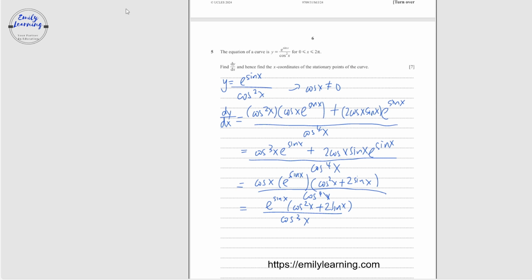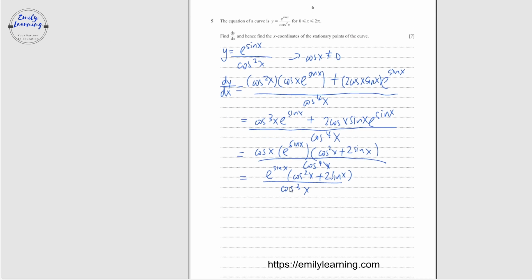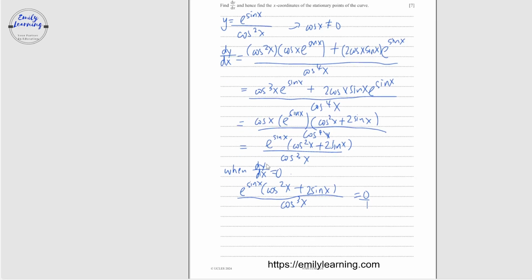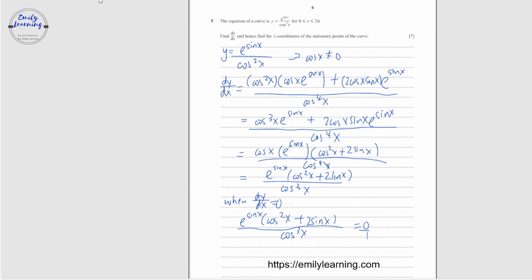Next we want to find the stationary point, which occurs when dy dx is equal to 0. So do a cross multiplication, the cosine cube x is gone, since we know that cosine x will never be 0.